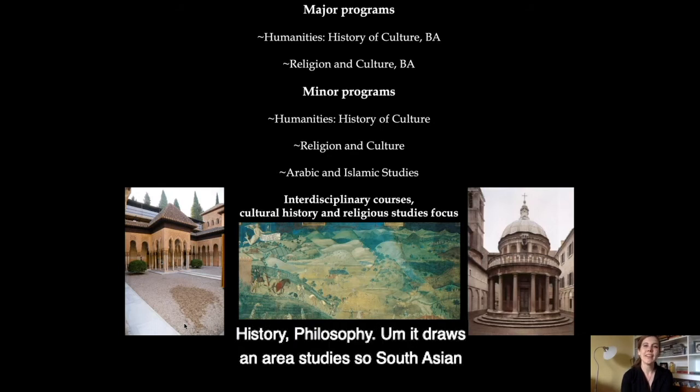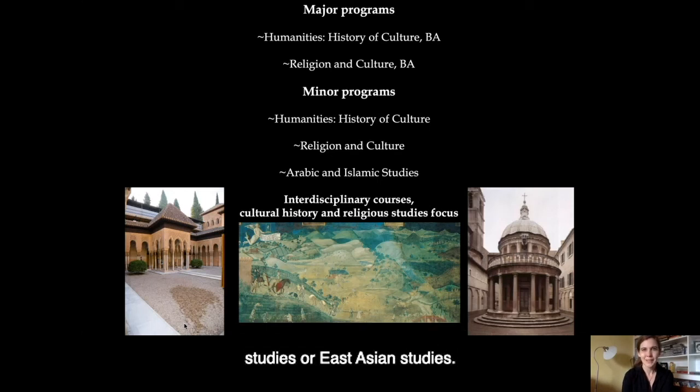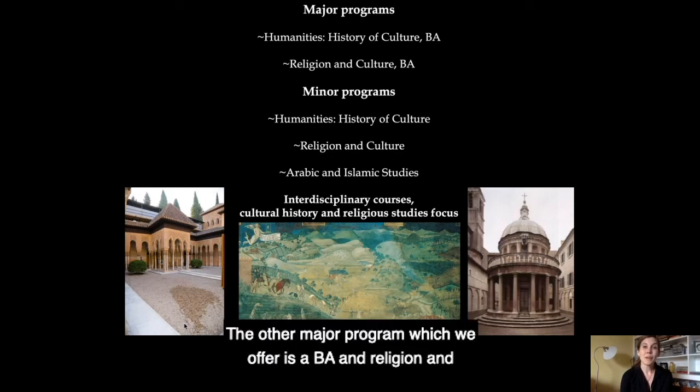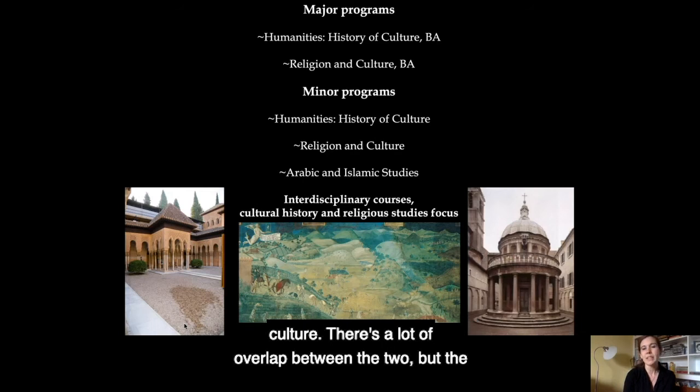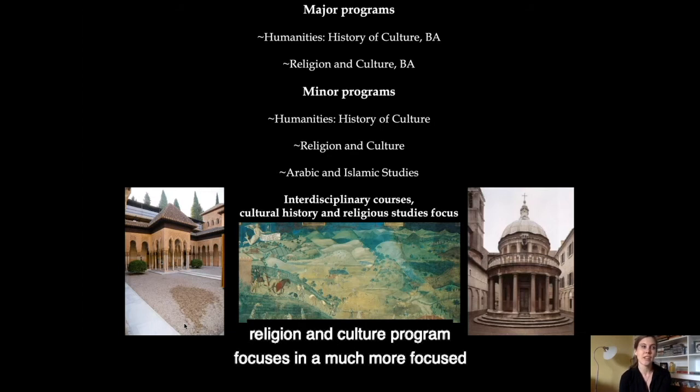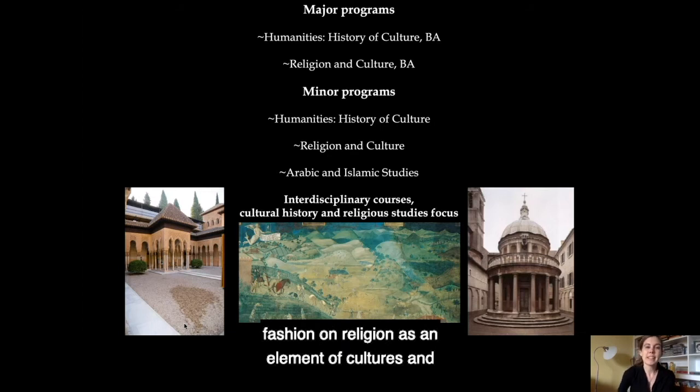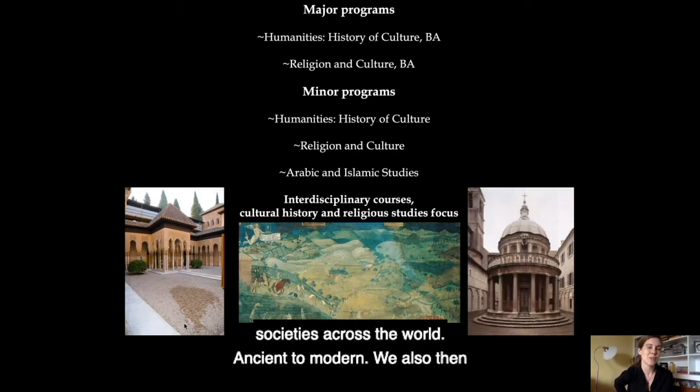It draws on area studies, so South Asian studies or East Asian studies. The other major program which we offer is a BA in Religion and Culture. There's a lot of overlap between the two, but the Religion and Culture program focuses in a much more focused fashion on religion as an element of cultures and societies across the world, ancient to modern.